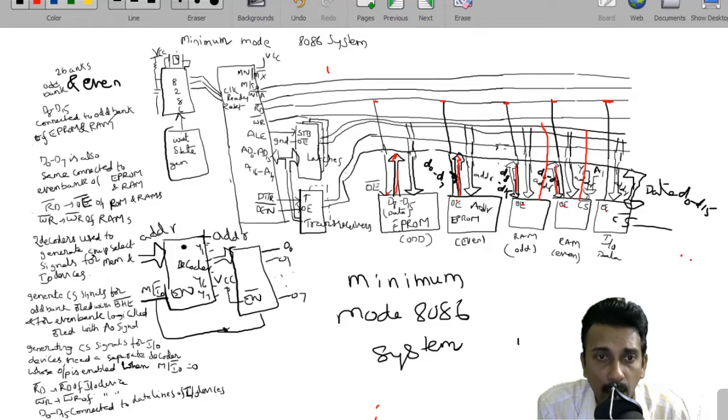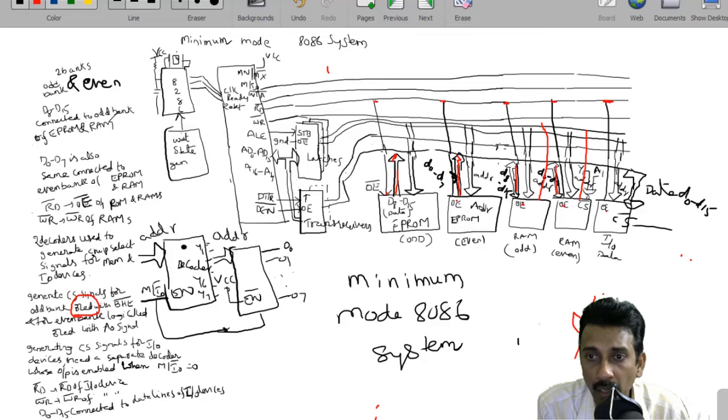We need a decoder to generate chip select signals to interface the memory and IO devices. We already know that to select the even bank or odd bank, we need two signals: BHE bar and A0. To generate the chip select signal for the odd bank, we use the BHE bar, and the OR gate will look like this.